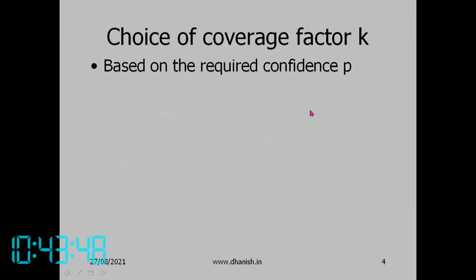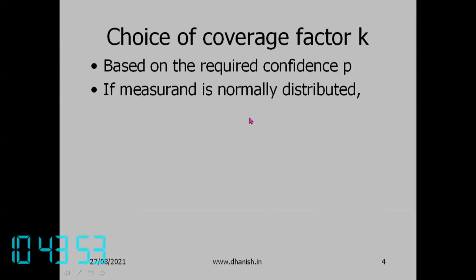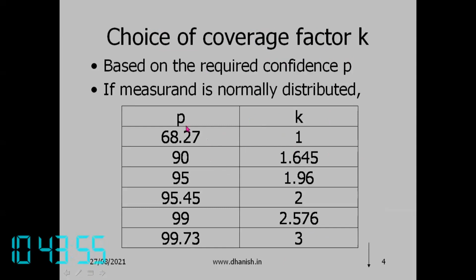So what coverage factor should be used? Based on the required confidence P, if the measurement is normally distributed, then 68.27% probability is given by a coverage factor of 1. This, of course, is the same as the combined standard uncertainty. For the 90% coverage interval, the factor is 1.645. For 95% coverage, 1.96.